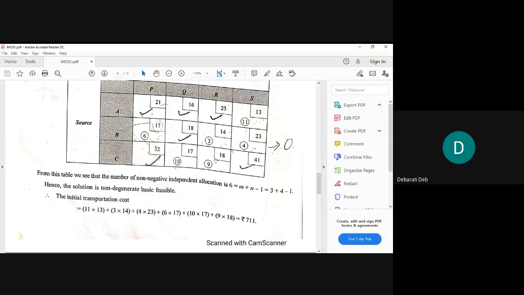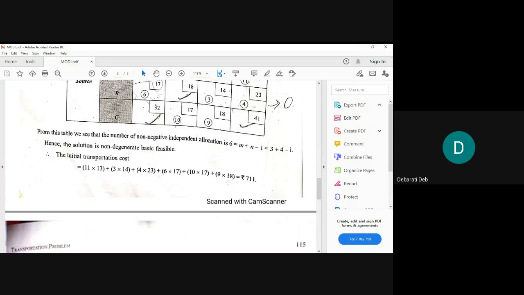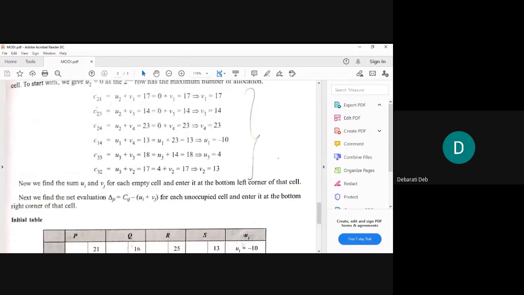So next you write C33 equals U3 plus V3 equals 18.